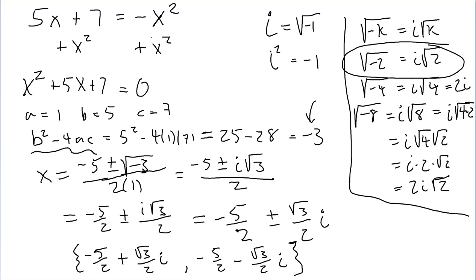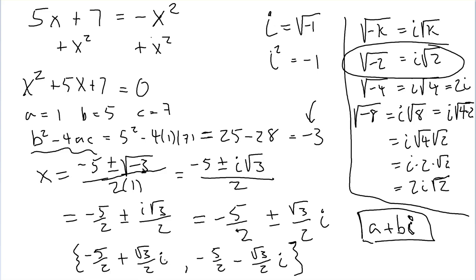So again, one last note, the reason that they write it this way is that this form right here, a plus bi, is considered sort of a standard form for any imaginary number. So like here we have a real number plus another real number times i. That's the form.